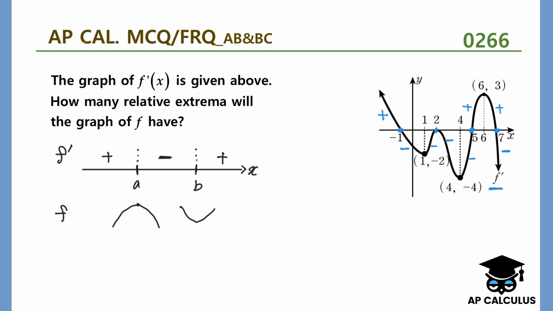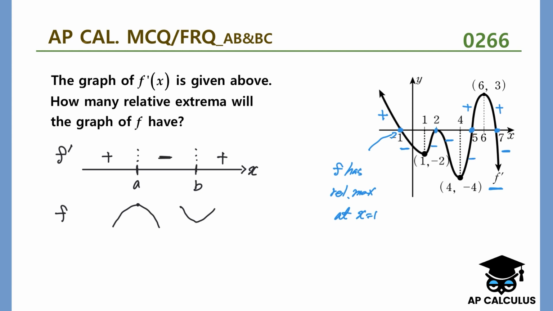If the sign of f prime changes from positive to negative, we know that f has a relative maximum at this x value, right? So f has a relative maximum at x equal 1. Here, negative, 0, negative, the sign doesn't change, so we don't have anything here.